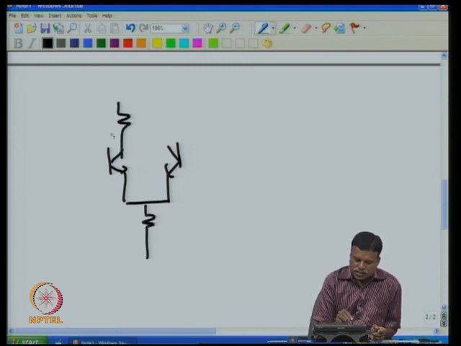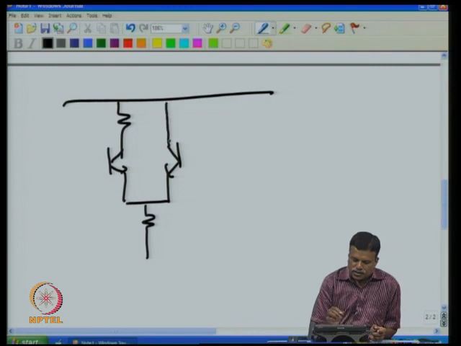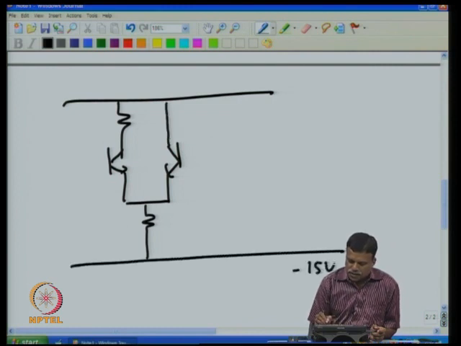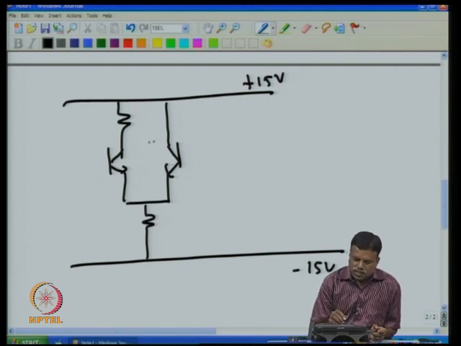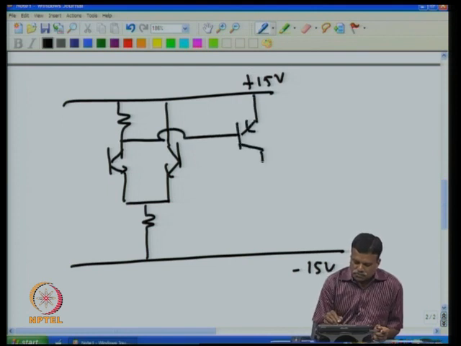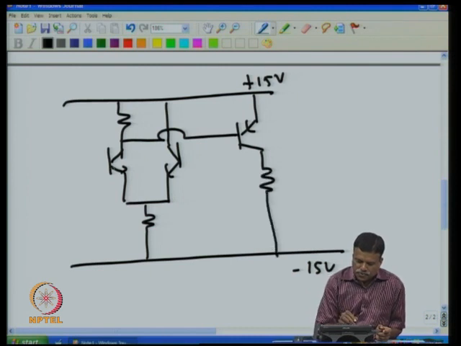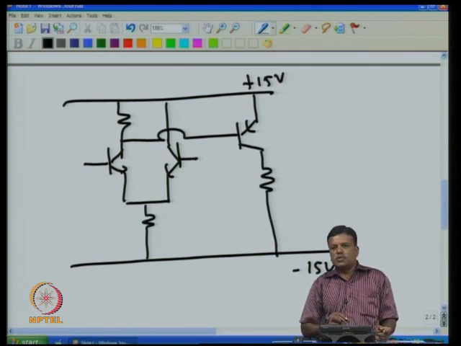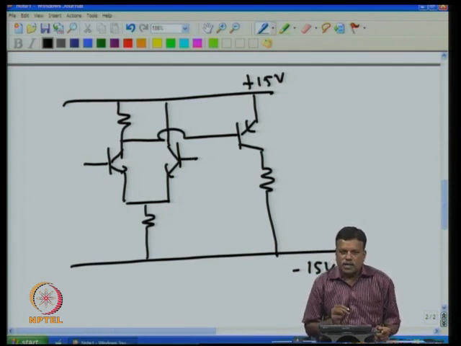He had connected this and then this, and this was basically connected to minus 15 volt. This was connected to plus 15 volt. In the actual circuit it was plus 300 and minus 300 with a vacuum tube, but here we are showing it with transistors. Then the third transistor was connected here, and that was the operational amplifier that was used to develop that anti-aircraft gun.